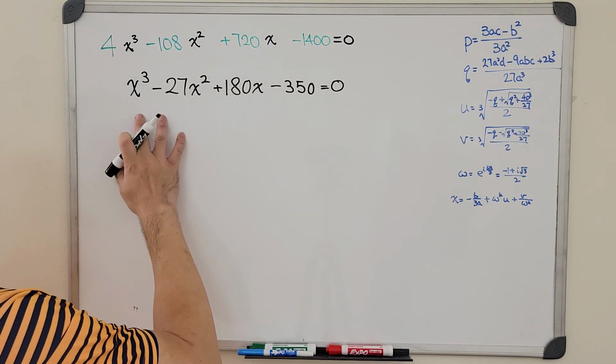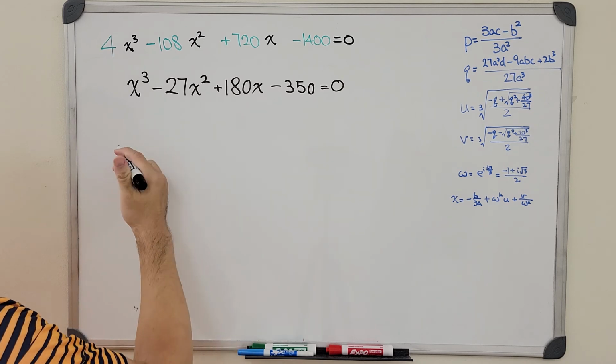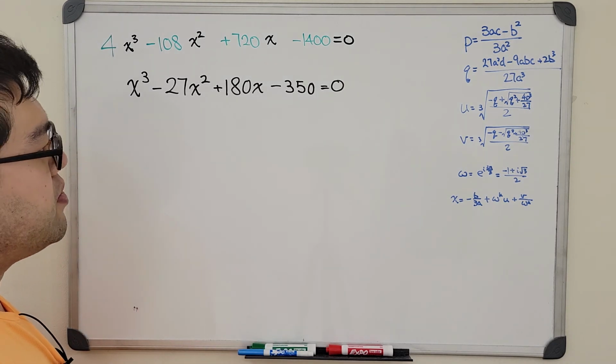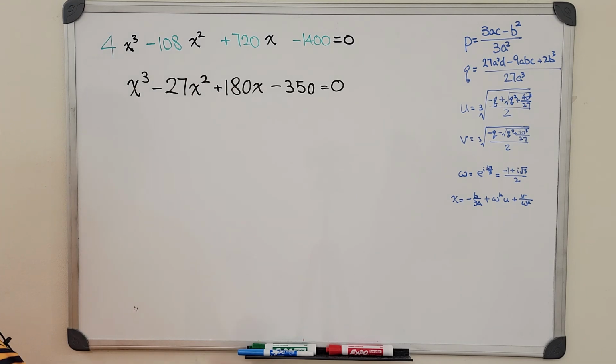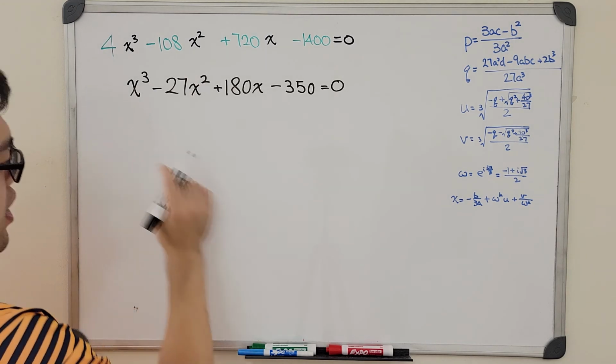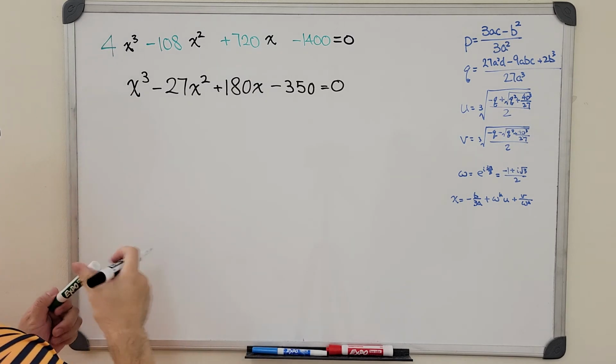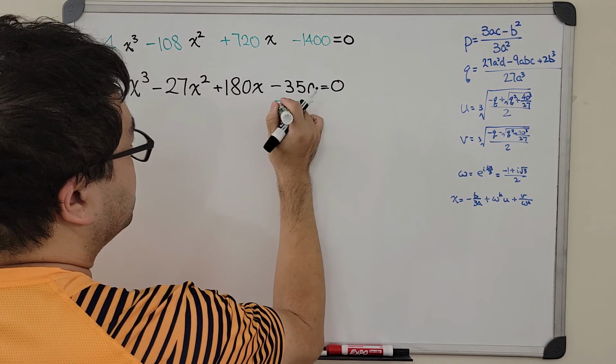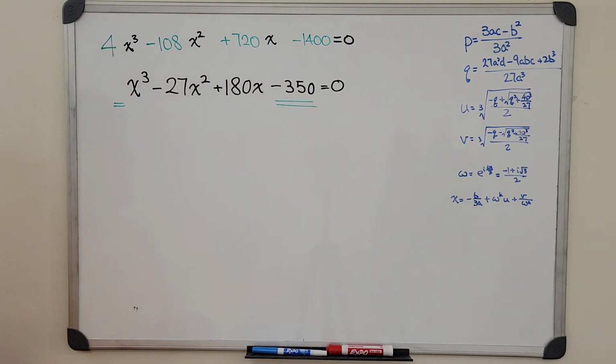Anyway, for the first method, we're going to do something even high school students will be able to do, which is factoring. To do that, we take the leading coefficient, which in this case is 1, and the constant term, which is negative 350.